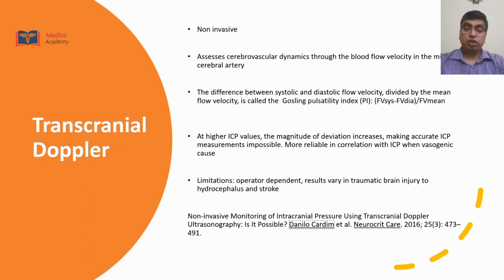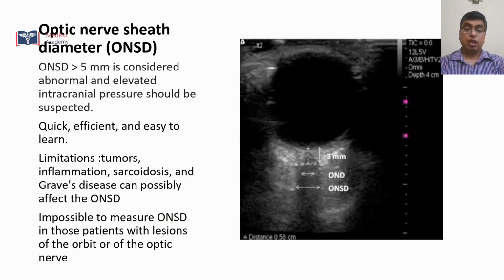We can just correlate in transcranial Doppler with the blood flow velocity whether ICP is raised or not. We cannot get a definite value of ICP from transcranial Doppler. The other limitation of transcranial Doppler is that it's operator dependent and results vary in traumatic brain injury, hydrocephalus and stroke.